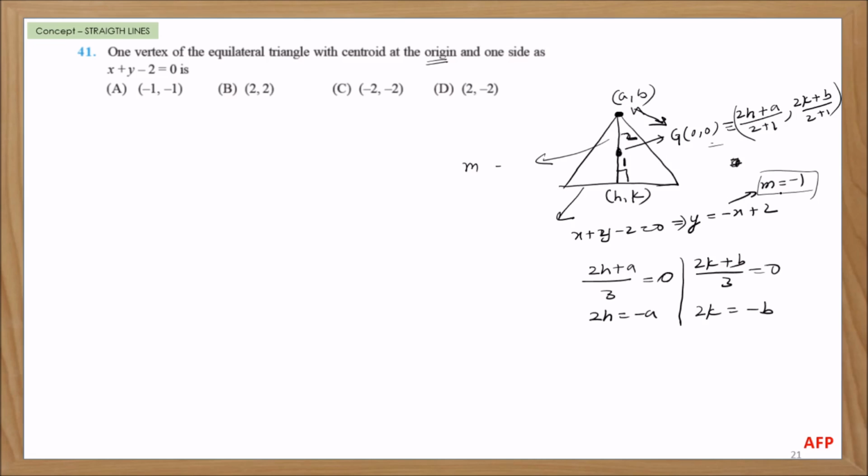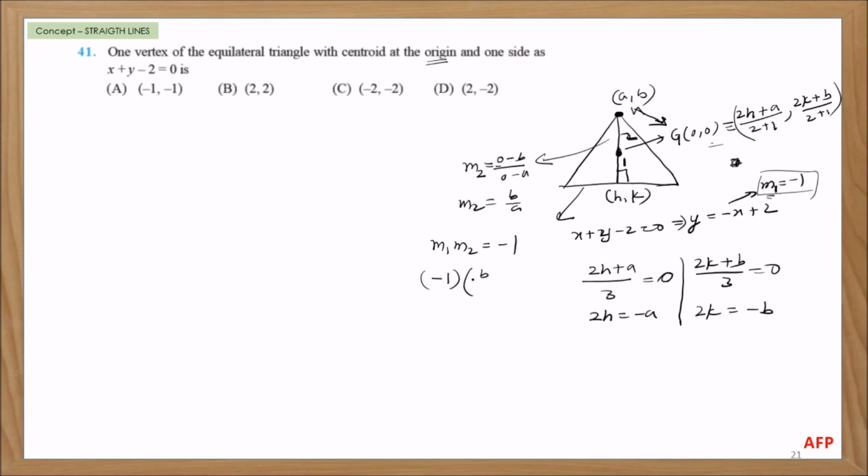Okay, so this we will take as m1, m2 we will take. m2 is equal to 0 minus b over 0 minus a, so it is nothing but b by a, we got m2. So since m1 is perpendicular to m2, m1 into m2 must be equal to minus 1. So what is m1? Minus 1.